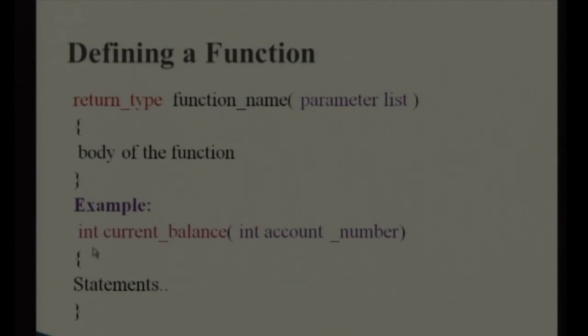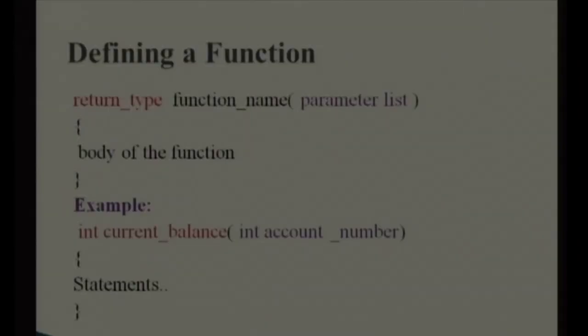So, it will return the amount that is integer, then the name of the function, and then what we are passing, account number, because account number will be the basic information required for this particular function to find out the account, and from there read the value available in the balance and then return that particular value from the balance, right. So, this is reflecting a prototype or a declaration of one individual function.